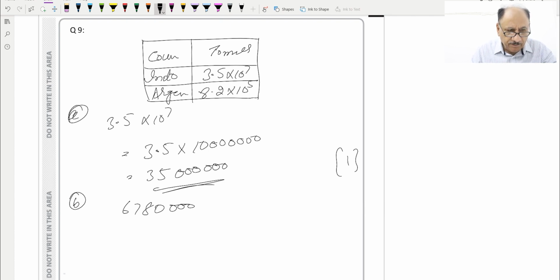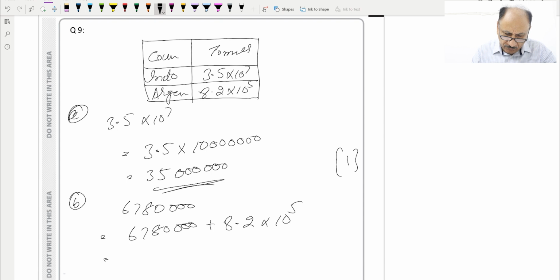So this much more than Argentina. Argentina is 8.2 into 10 raised to 5, so we'll add this, and we can change this into standard form, in the 10 raised to 5 format.